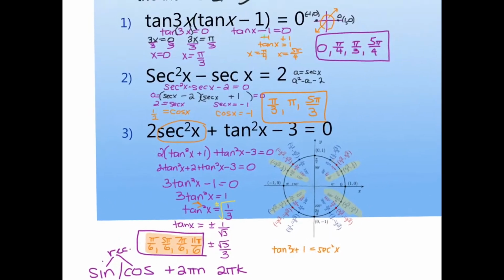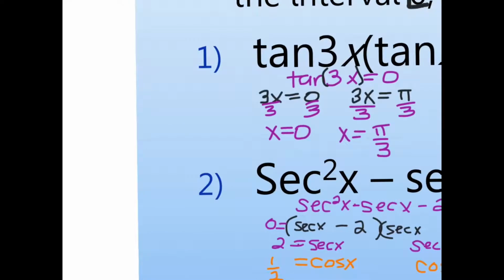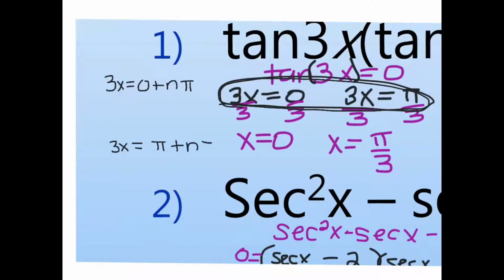But when you're dealing with a multiple angle like tangent of 3x, you also have to divide the interval by that 3. So if I were to go back to before we divided by 3 and I didn't have an interval, my answer would have been 3x equals 0 plus n pi and 3x equals pi plus n pi or k pi.